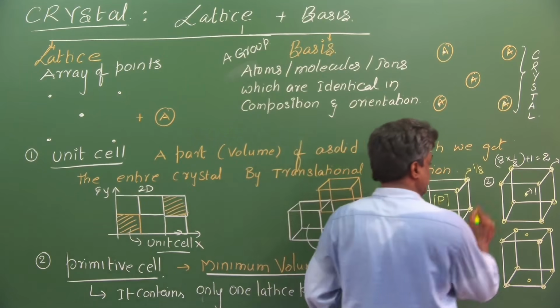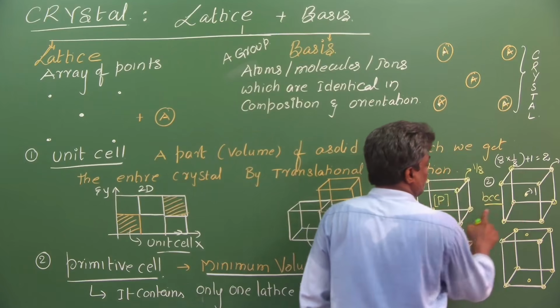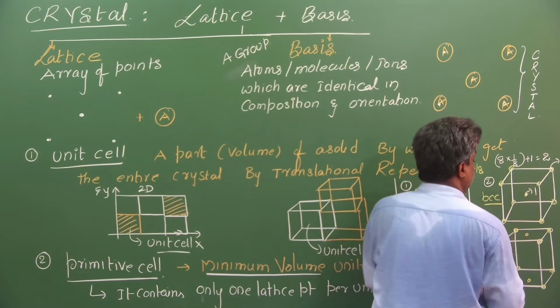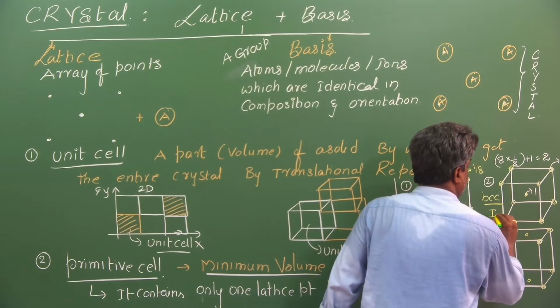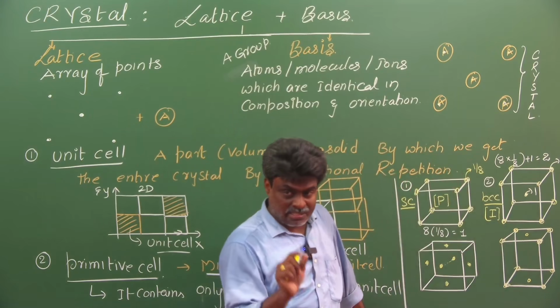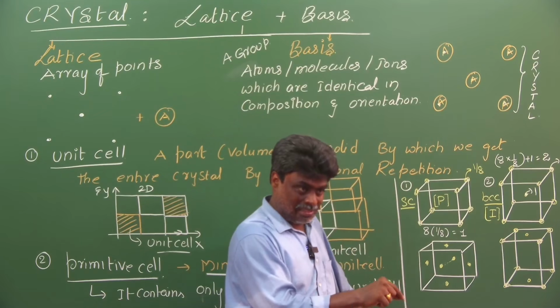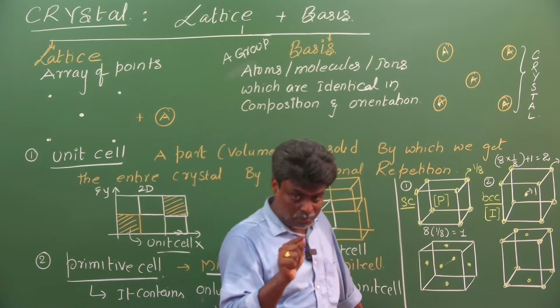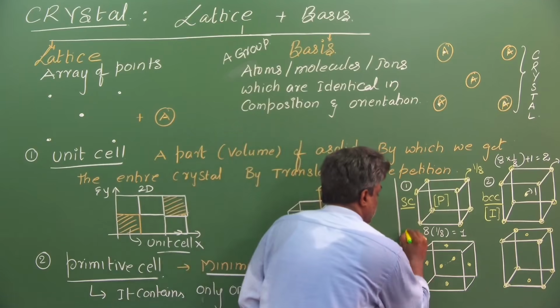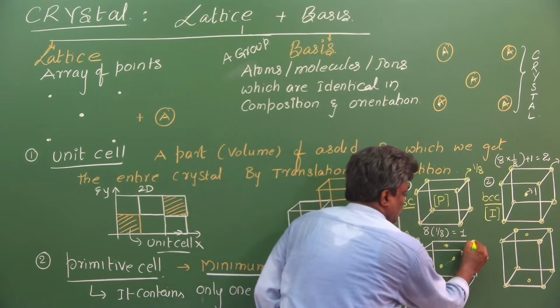No, it's a BCC. BCC is represented by I. In Bravais lattice structures, if you have the letter I, it is BCC. The letter P is simple cubic.